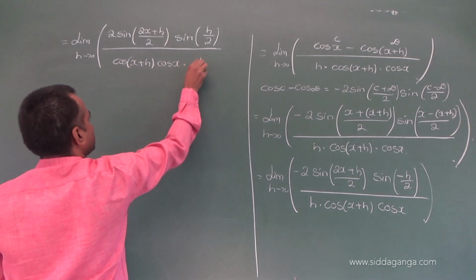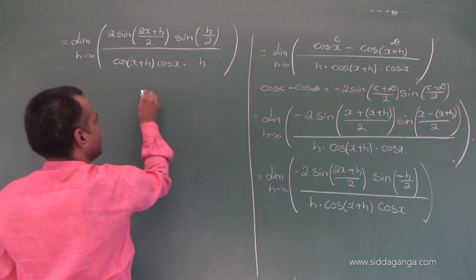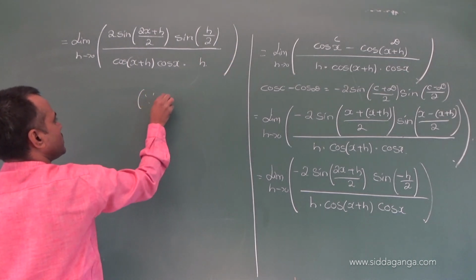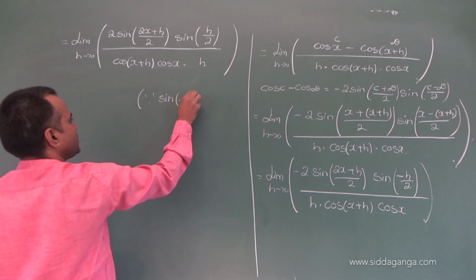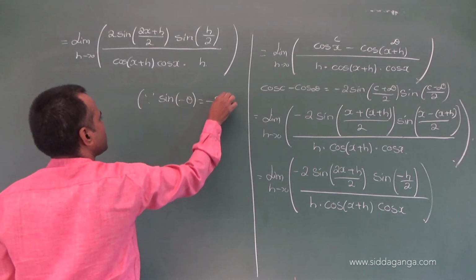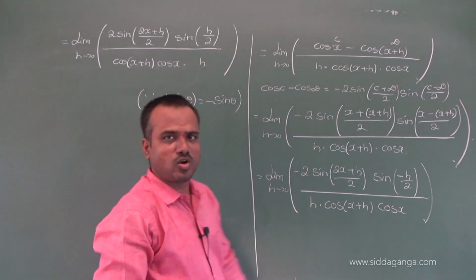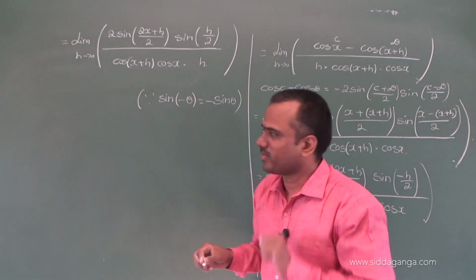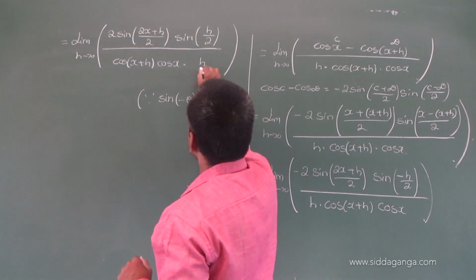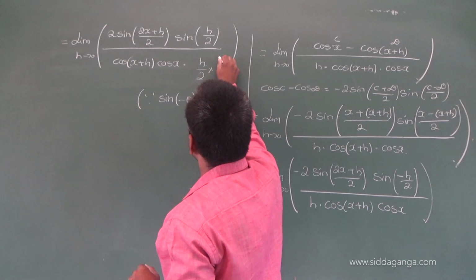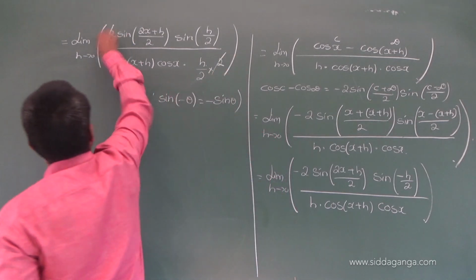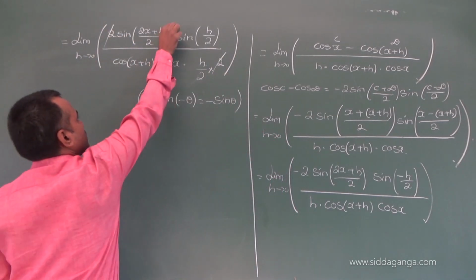In the denominator, multiply and divide by 2, and this 2 gets cancelled.